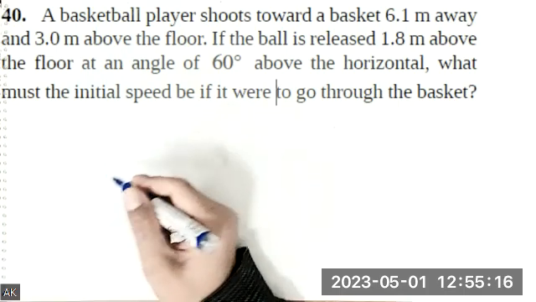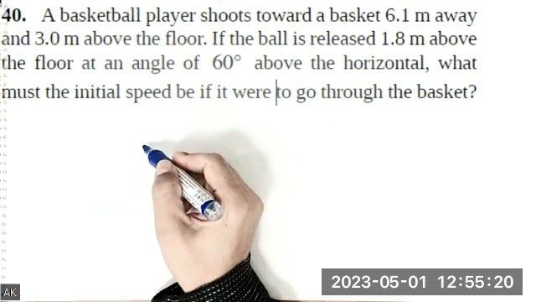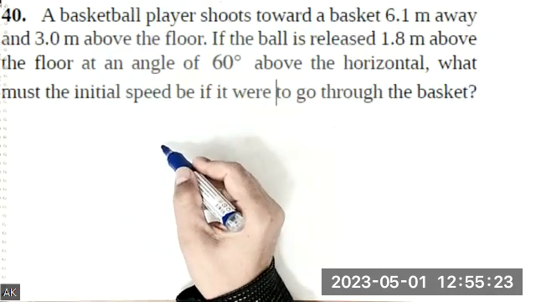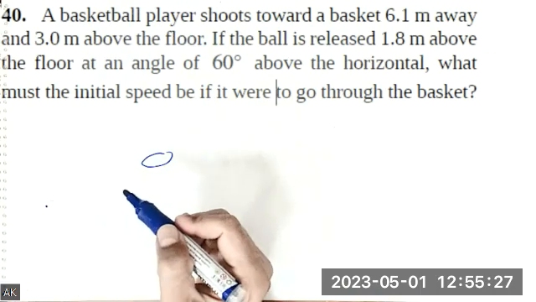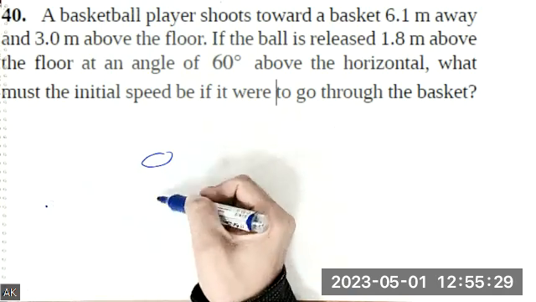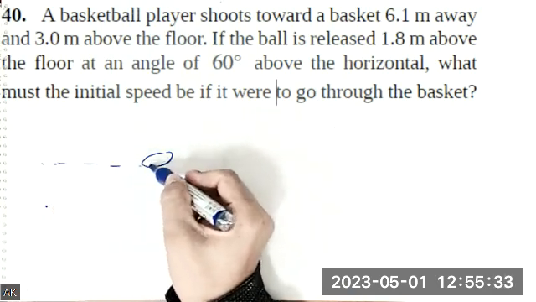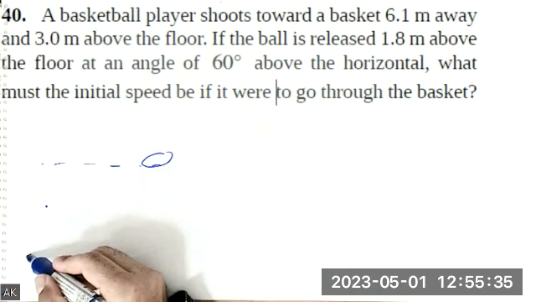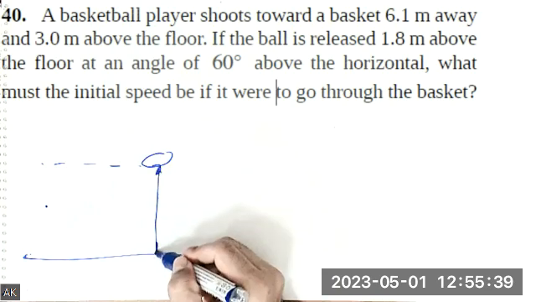So the best way is, of course, to draw the picture. Let's put the basket somewhere over here, and the ball somewhere below the basket line. This is the basket line, which is 3 meters above the horizontal.